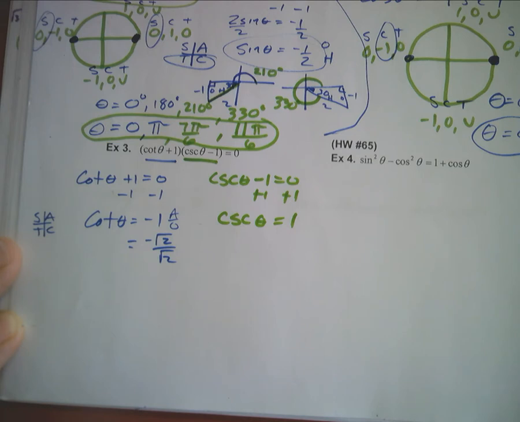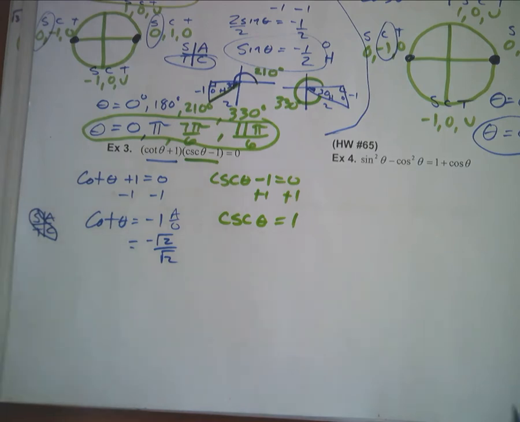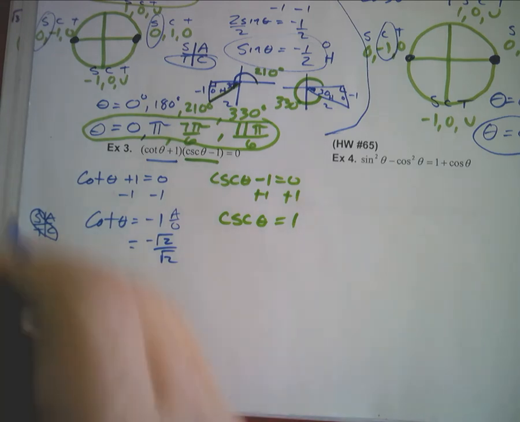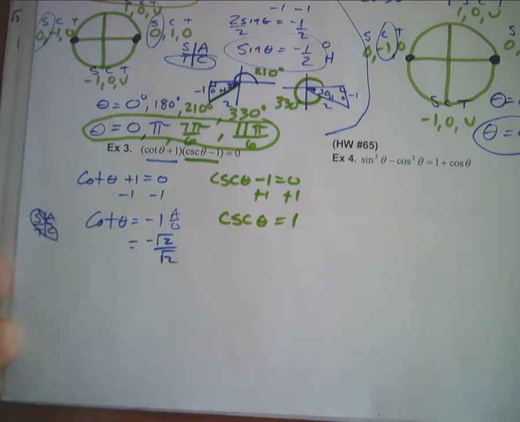Well, I know where it's positive. They're all positive in 1 and tangent's positive in 3. So that means S and C, quadrants 2 and 4, I'm going to have a positive opposite or adjacent leg, and the other one's the opposite, negative.